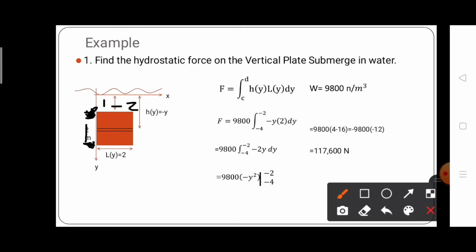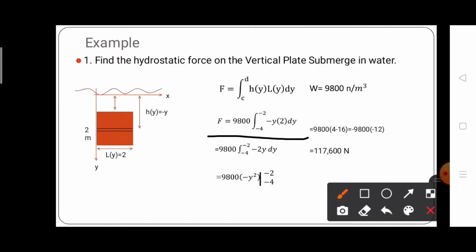Again, that is negative 2 because the value of y is negative. As you notice in this graph, this is the y-axis and the x-axis.